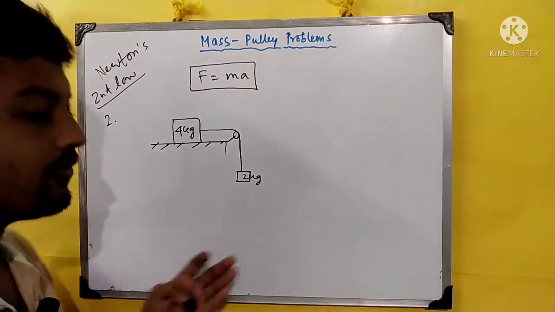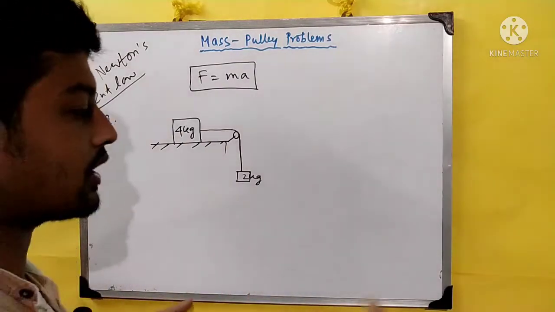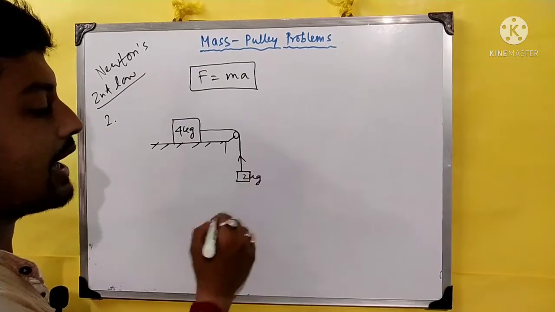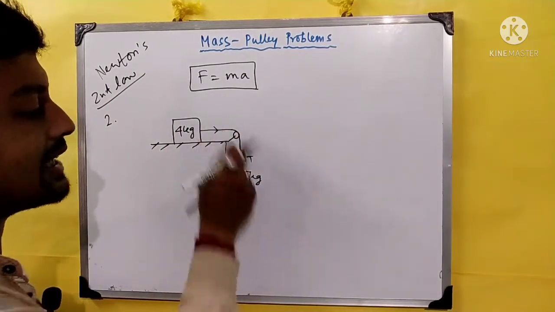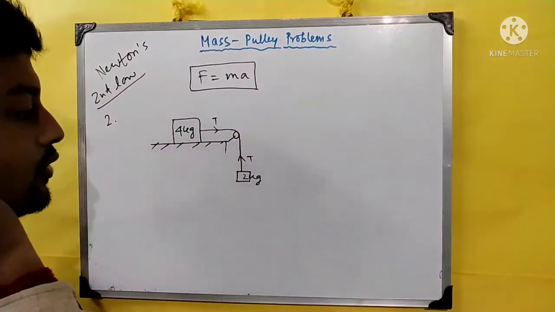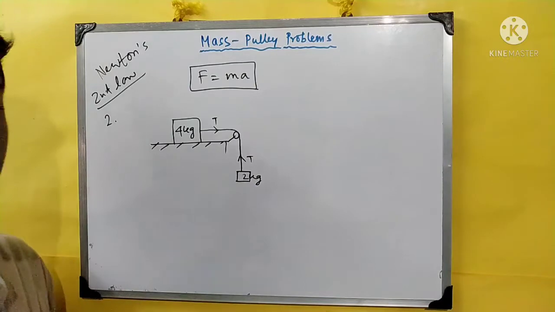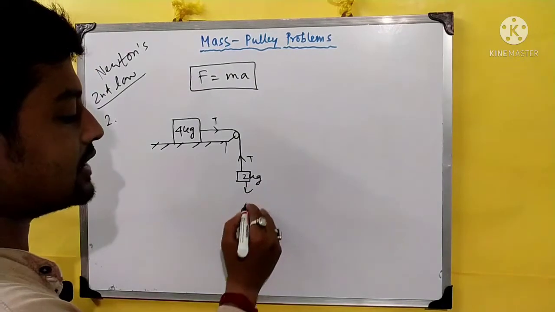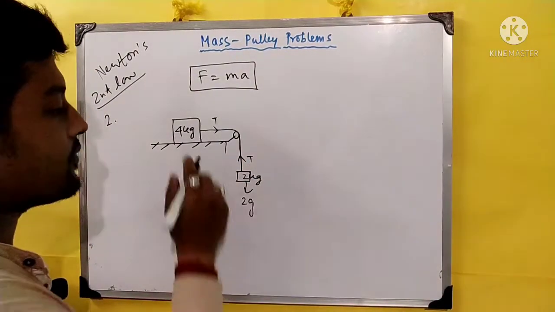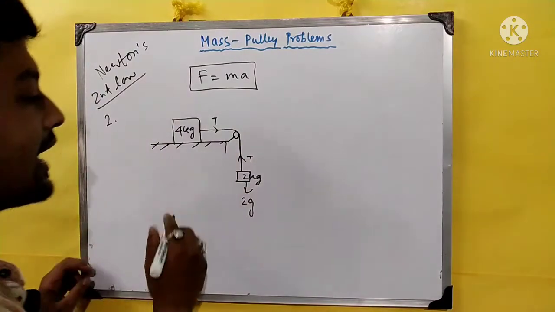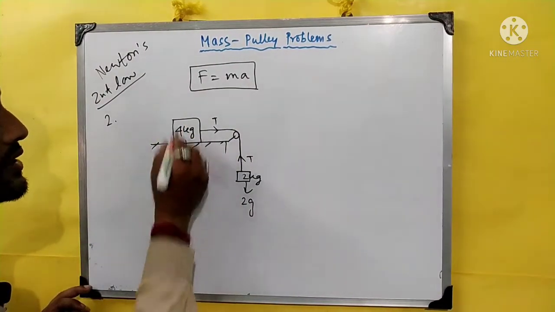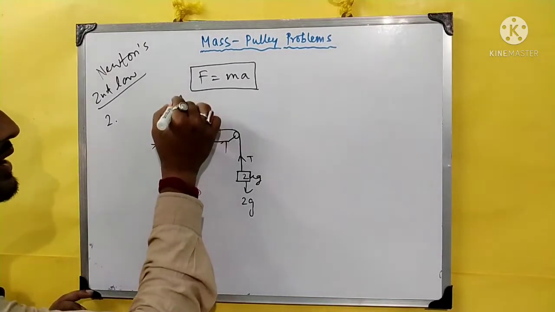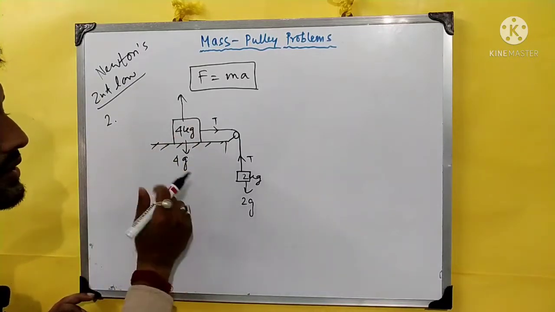What we will do: you will first give the directions of tension force. As I have mentioned, the tension force should be given away from the mass like this, and because this is a single string, the tension value will be the same for both masses. Now, this mass's weight is acting downward, which is 2g, and here there is an interesting case: the weight of this mass, 4g, is getting balanced by the reaction force given by the table.